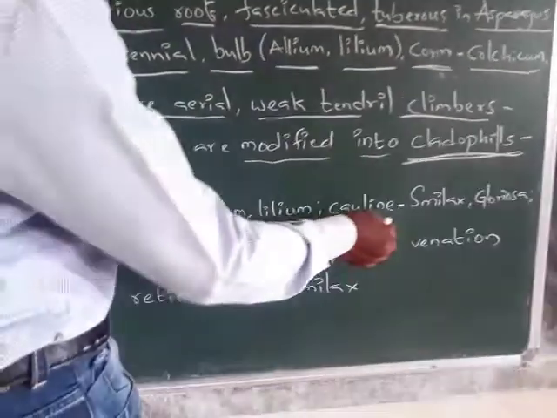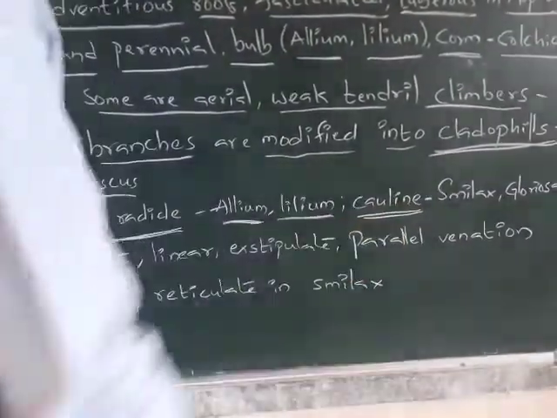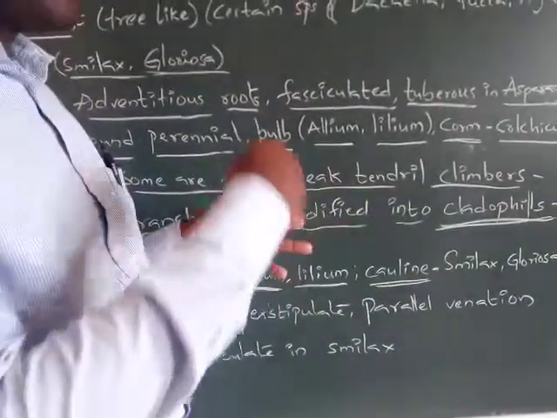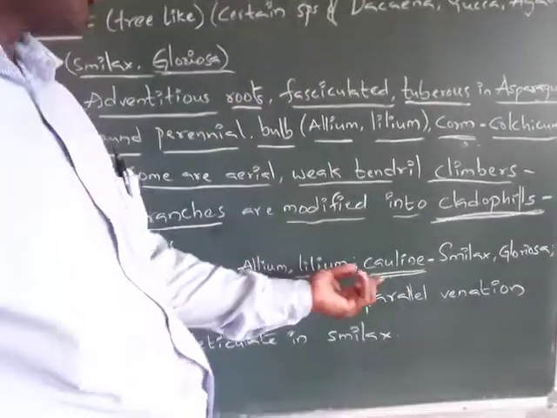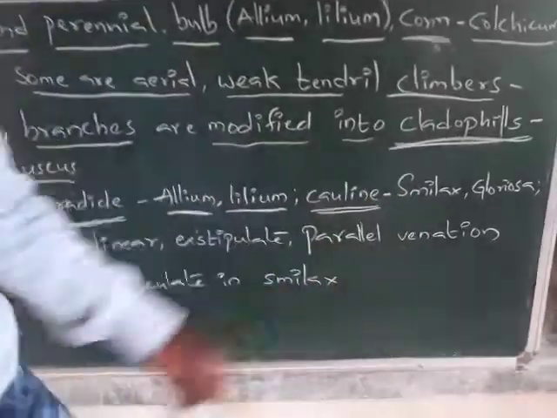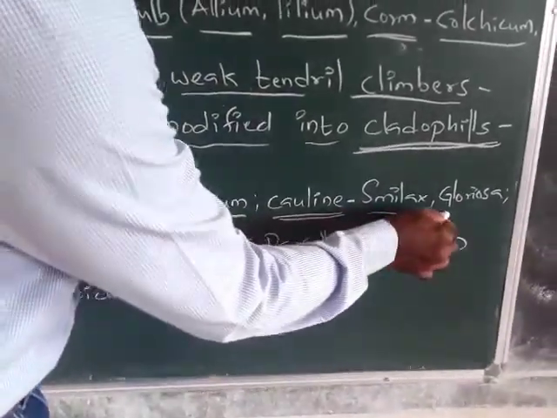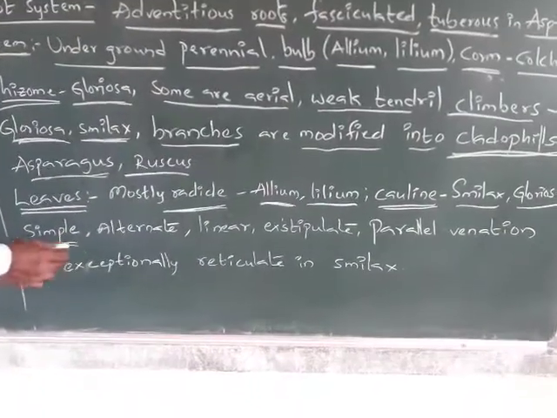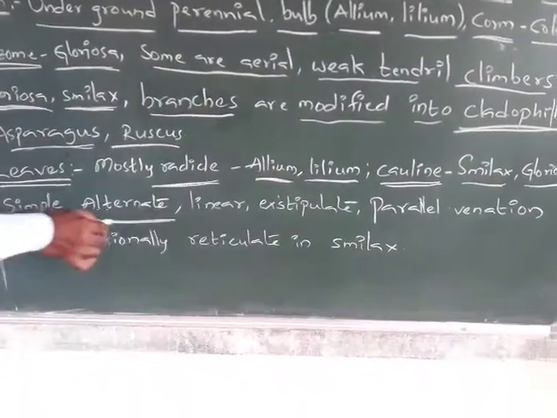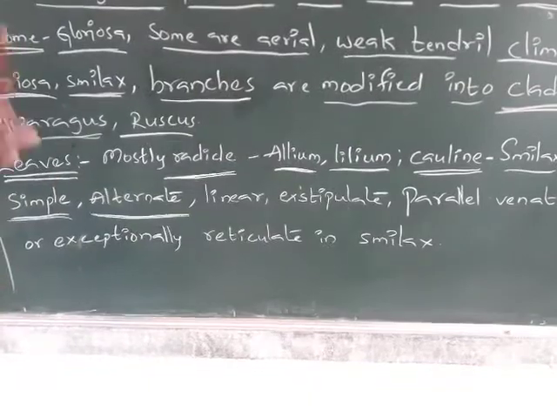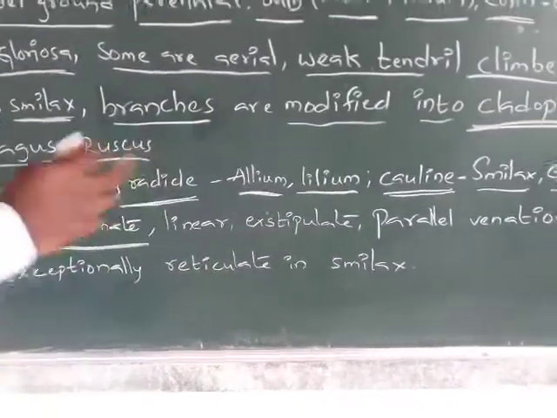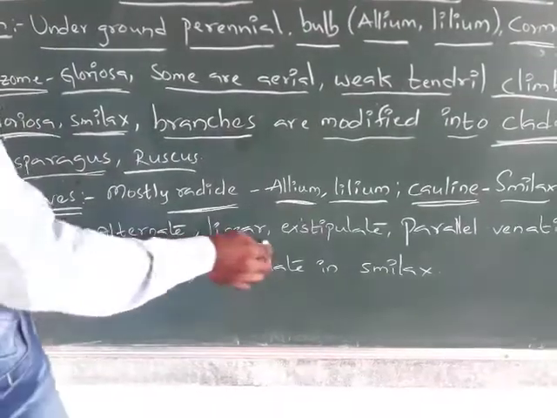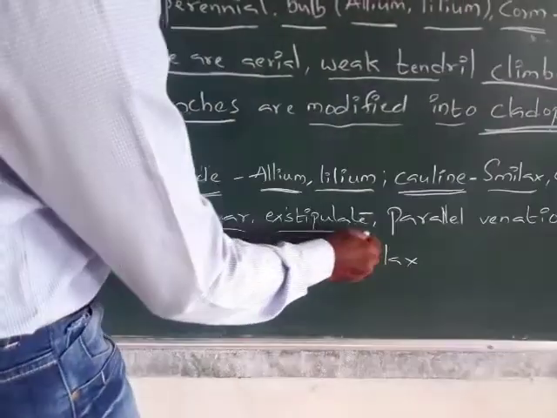In some, the leaves are cauline, which means they originate on the stem, for example Smilax and Gloriosa. These leaves are simple and arranged in an alternate manner, one on the left side and one on the right side, and they are linear.